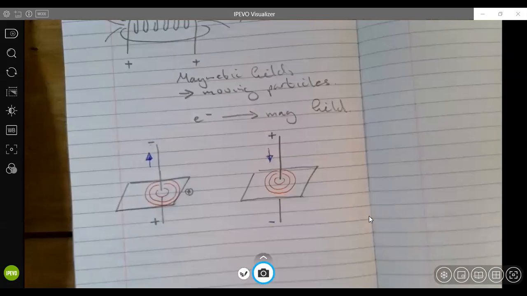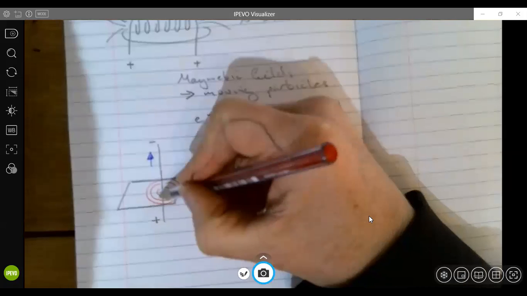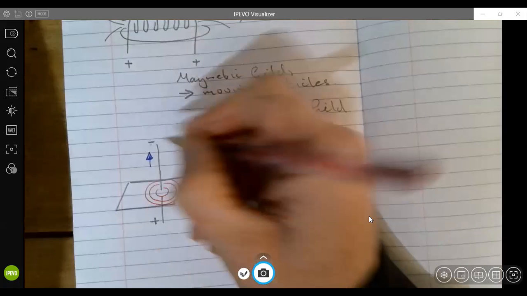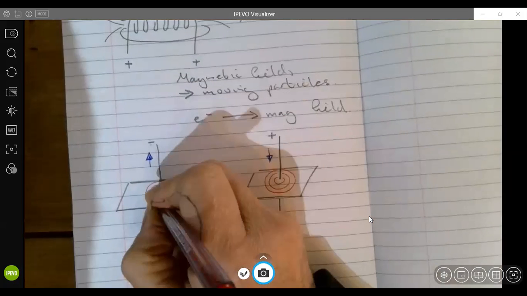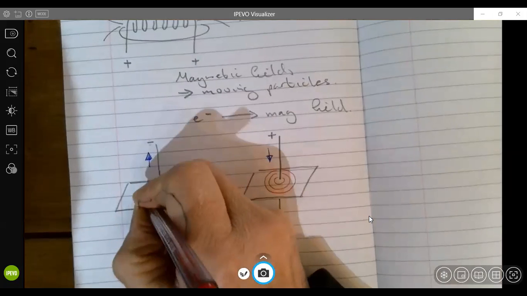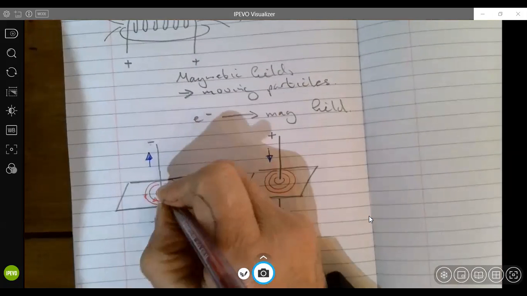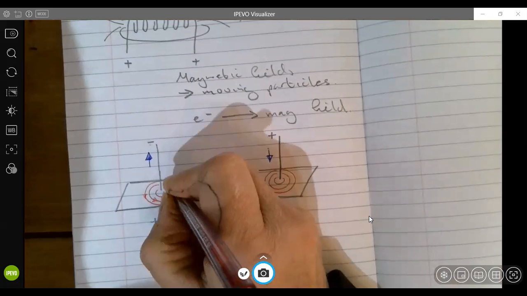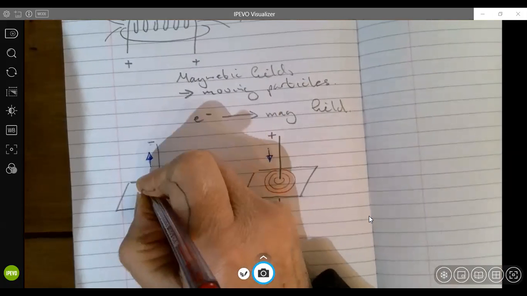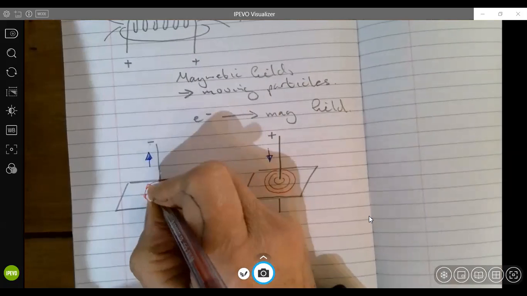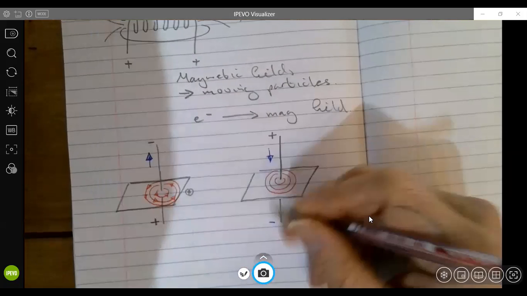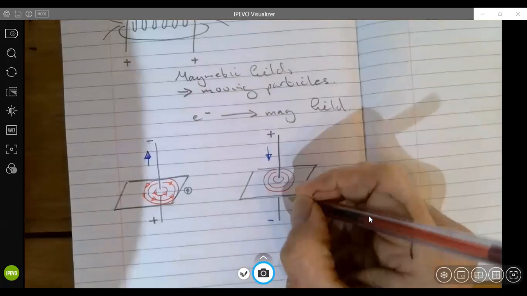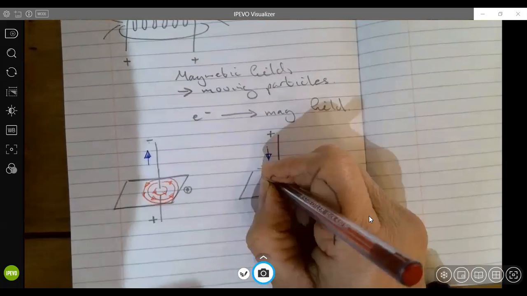In fact, when the current was moving upwards, in this case, positive to negative, he found that the compass needles were deflected and showed that the magnetic field was in an anti-clockwise direction. We reverse the current, so it's going downwards here. You could see it was going in a clockwise direction.